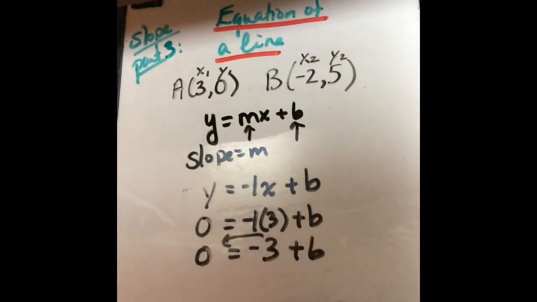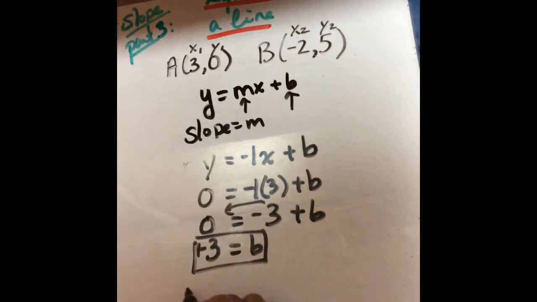Bring the negative 3 over to the other side. It becomes a positive 3, and so b is equal to positive 3. And finally, the equation of the line is equal to mx plus b, and so we fill in what we need, the m negative 1x and the b plus 3.